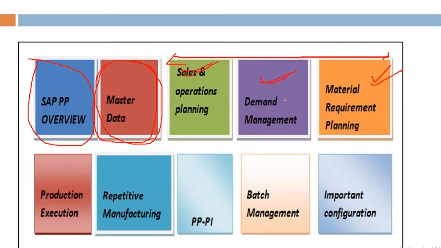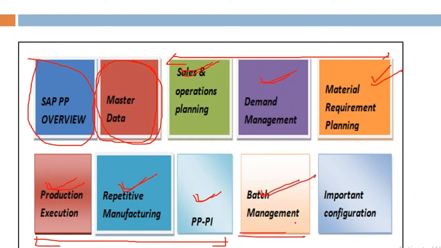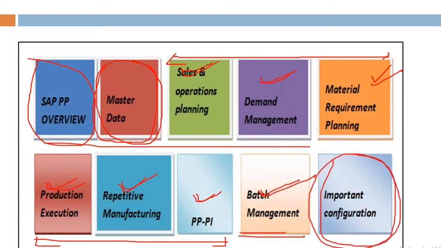Then we will go to production execution, where we will discuss 3 types of industries: discrete manufacturing, repetitive manufacturing, and process manufacturing, PP-PI. After that, we will discuss batch management, and then the configuration, backend settings. So these are basically the course content. Along with this, we will discuss SAP S/4HANA topics also, special topics.